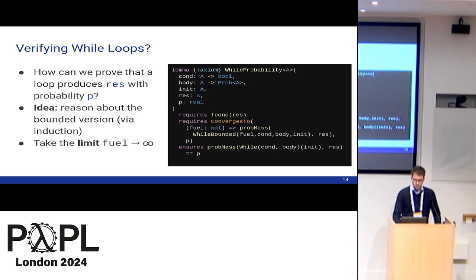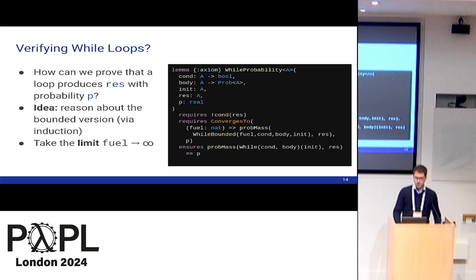So, for example, we use this lemma, while probability, which is currently axiomatized, but we want to prove it, which takes the condition, loop body, initial value, the result we care about, and its probability. And we have to verify that the result violates the loop condition, because otherwise we would keep looping on it.